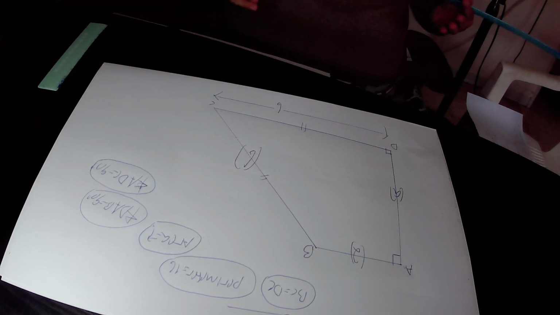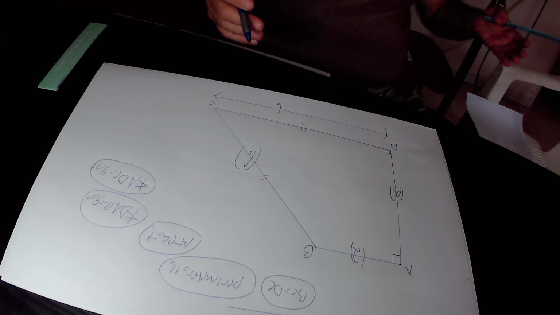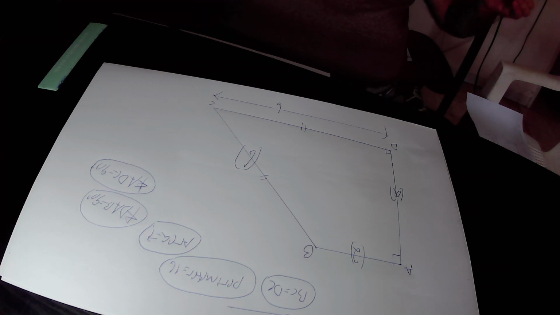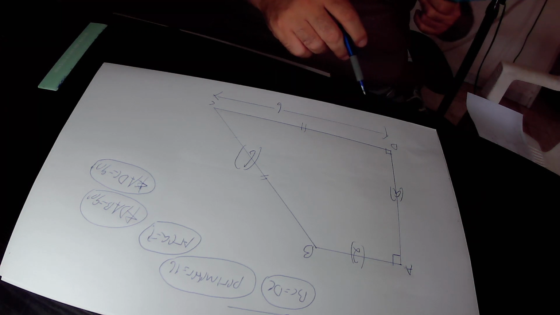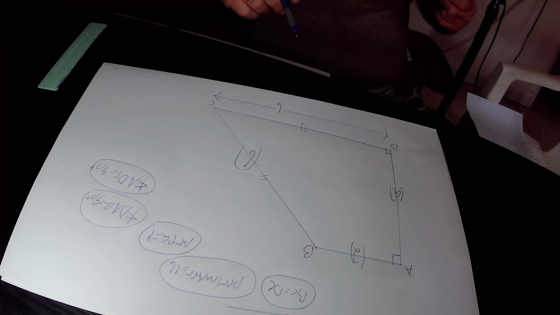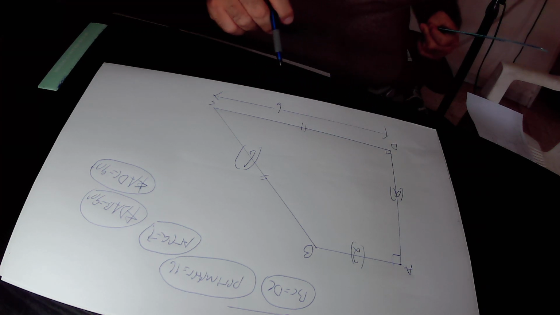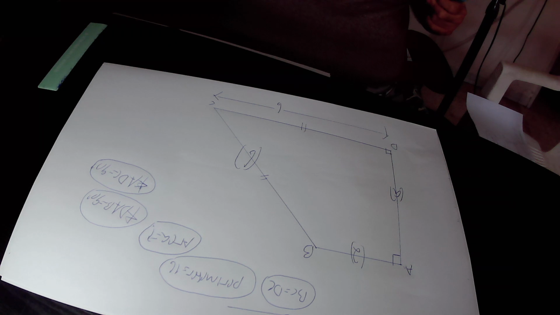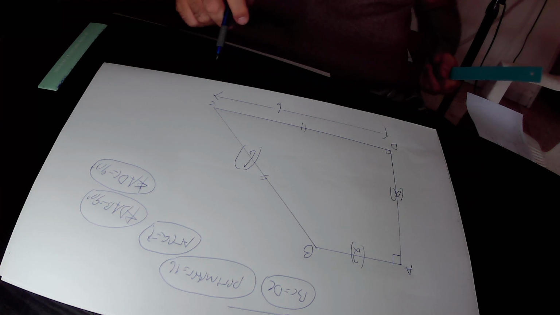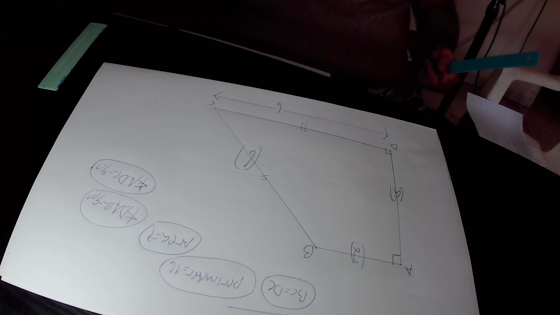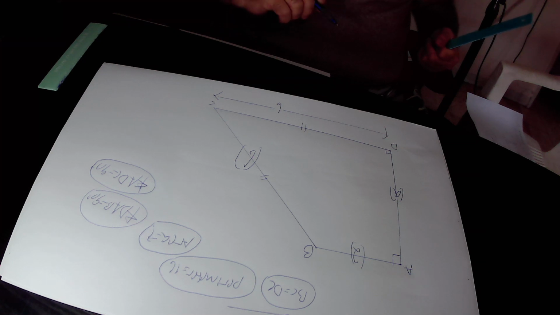We know that the perimeter of this trapezoid ABCD is equal to 16. That is to say, the sum of the lengths of all its sides is equal to 16 units. That is, AB plus AD plus DC plus CB in total is equal to 16 units according to what is given in the question.